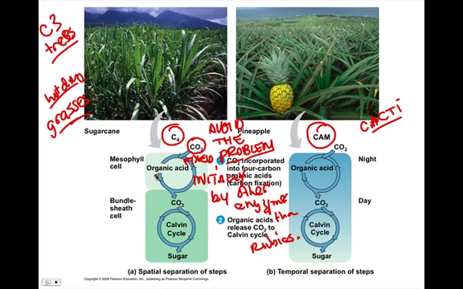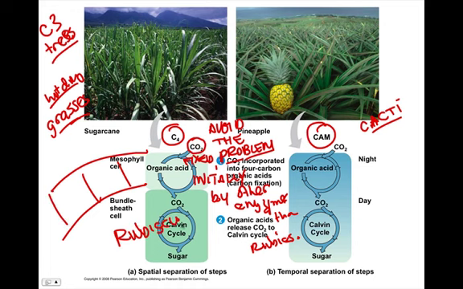In C4 plants, photorespiration doesn't occur because they evolved another layer of cells. The mesophyll cells are where the CO2 is initially fixed. And so they physically separate the low CO2, high oxygen environment on the hot, dry day inside the leaf.